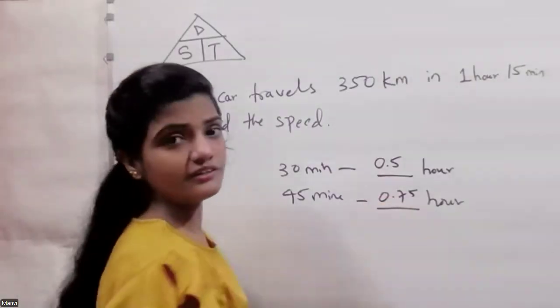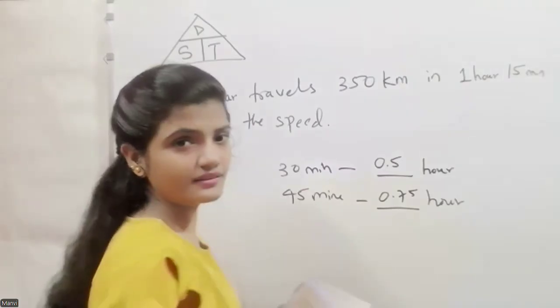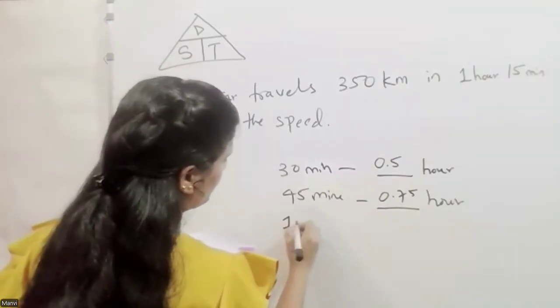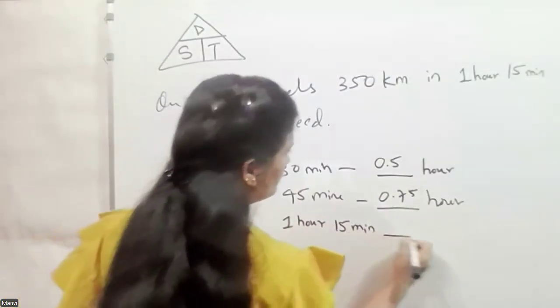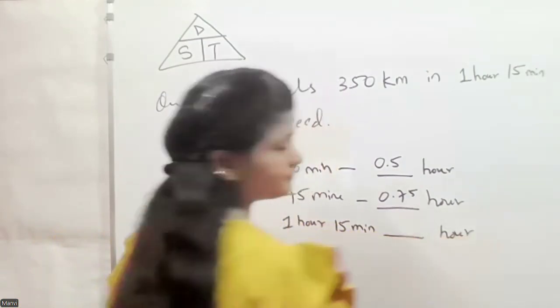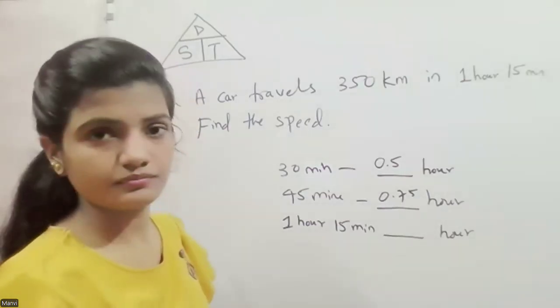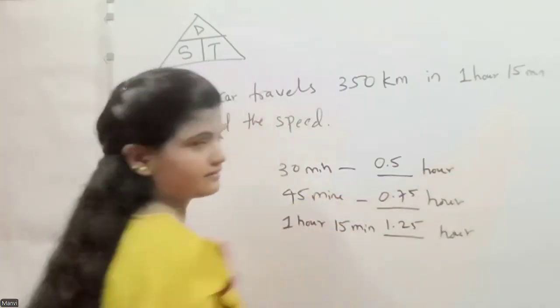After this decimal point, we speak separately, right? We can't say seventy-five. It's zero point seven five. Now, 1 hour 15 minutes equals how many hours? 1 hour 15 minutes is 1.25. Very good. That we need here.